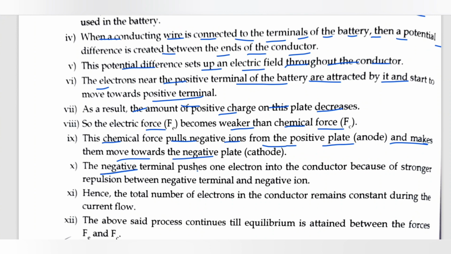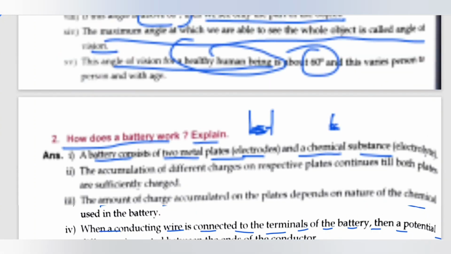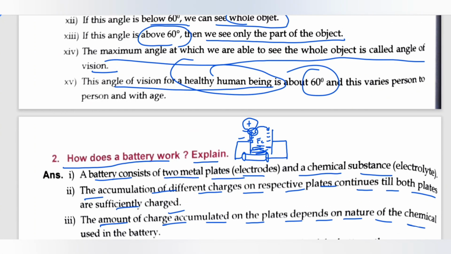The negative terminal pushes one electron into the conductor because of the stronger repulsion between the negative terminal and the negative ion. Then this electron will be thrown out of the battery because of the repulsion between this negatively charged plate and the negatively charged ion.